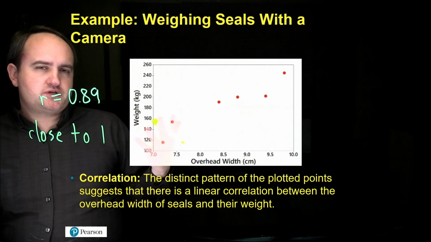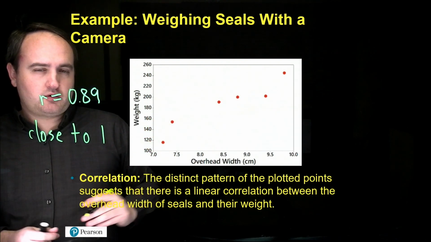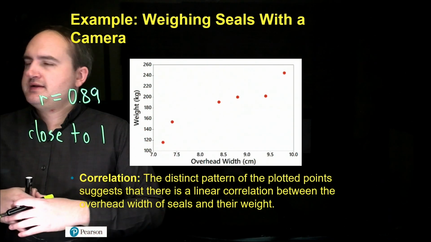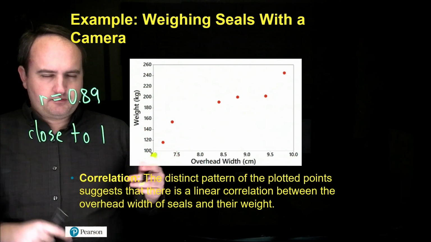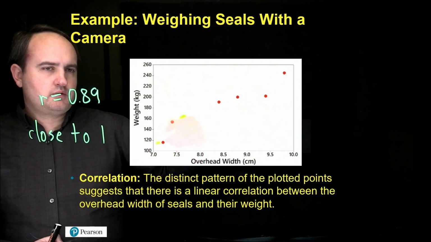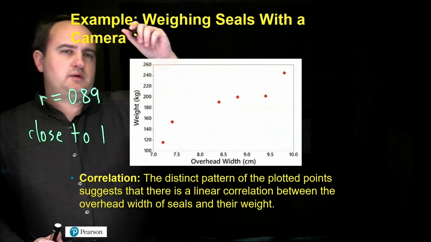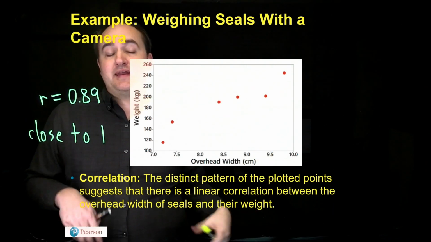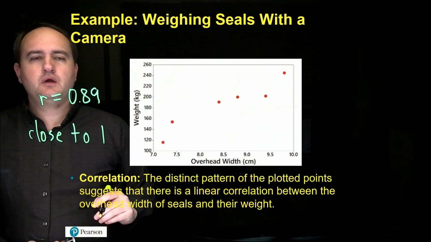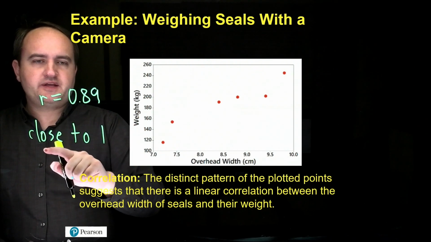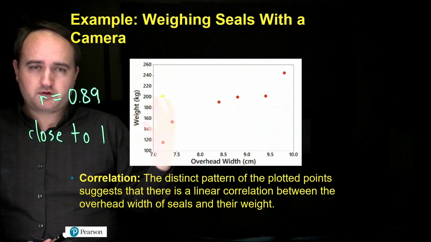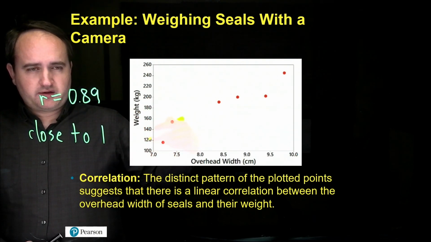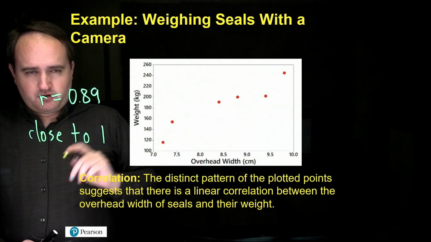Unfortunately, we don't have an example of negative linear correlation, but you can easily imagine, for example, if you have r equals negative 0.95, then it would be like this picture, only it would be a diagonal line that falls from left to right, so a diagonal line with a negative slope. But r equals 0.89 is close to 1, closer to 1 certainly than it is to 0.5 or 0. So we clearly have a positive linear correlation here.